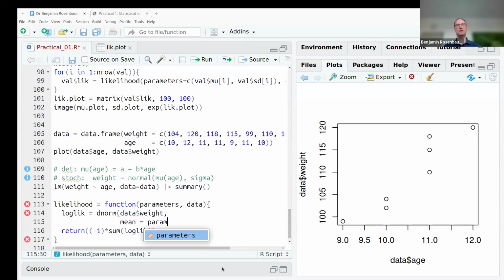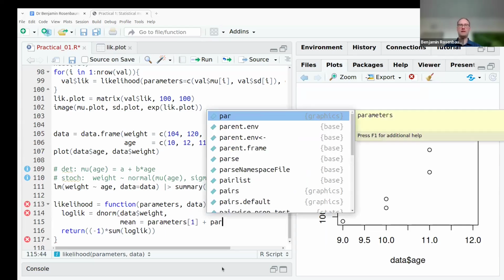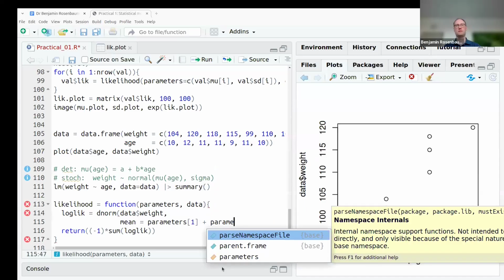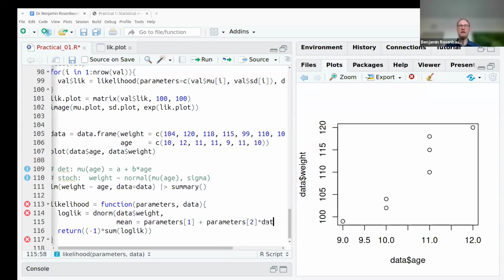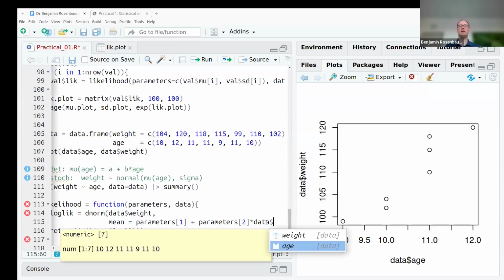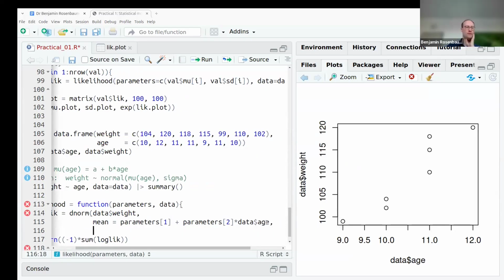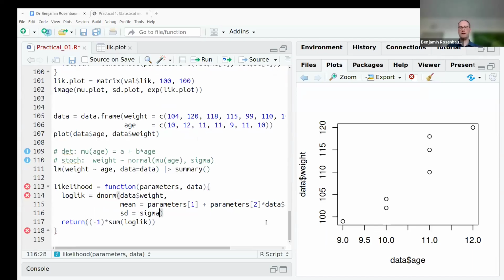So this is parameters at position 1, plus parameters at position 2, right, the slope times the predictor, which is data$age. And the standard deviation here should be sigma. And I say log equal TRUE.